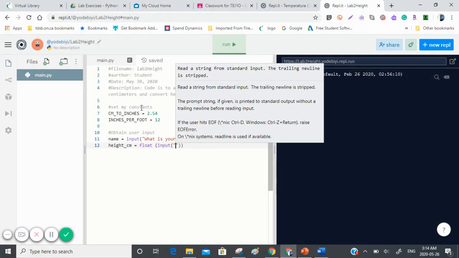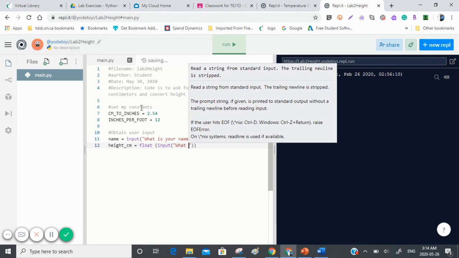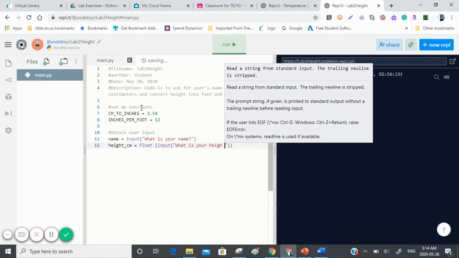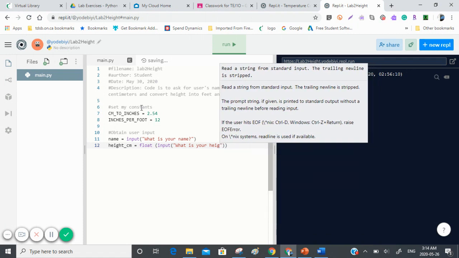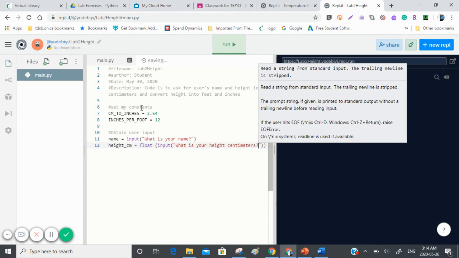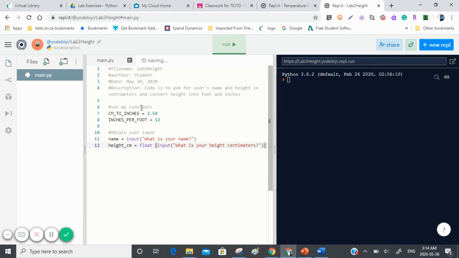So I'm going to be asking a question: what is your height in centimeters, question mark. And I come out, it gives me the correct number of brackets, go to the next line. Hashtag, now this is all going to be calculation of the height in feet. Calculate height in feet and inches, okay?